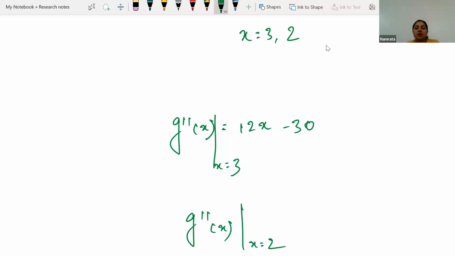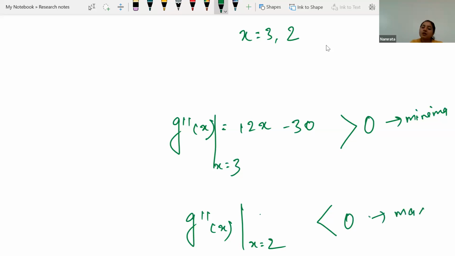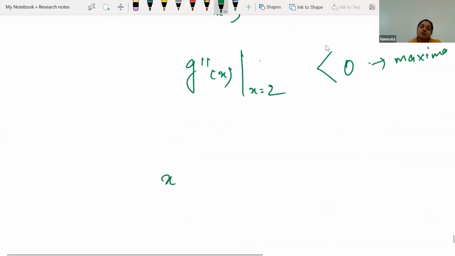When x is 3, 12 times 3 is 36, minus 30, it is positive, and when x is 2, 12 times 2 is 24, minus 30, it is negative. When it is positive, this is the point of minima. When it is negative, this is the point of maxima. So x equals 2 is the point of maxima. What do we have to find here?